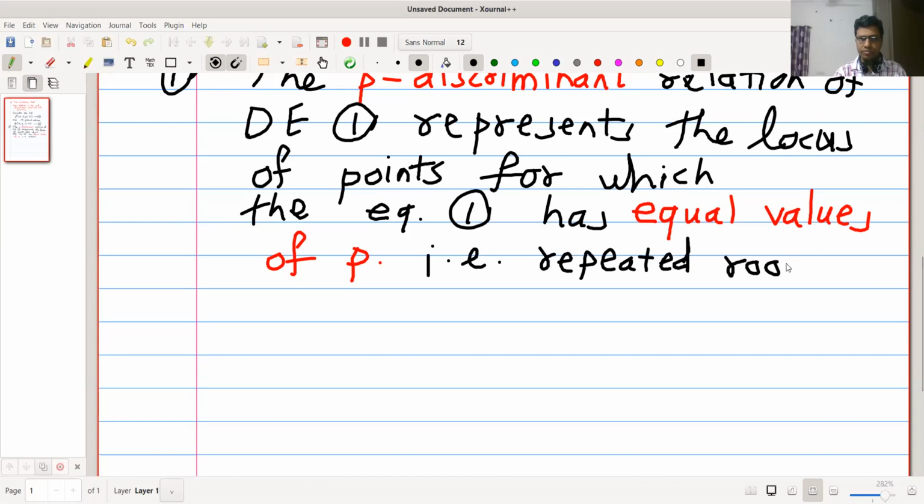If we solve equation 1 for p, then in such case we get repeated roots if the p discriminant relation is satisfied.